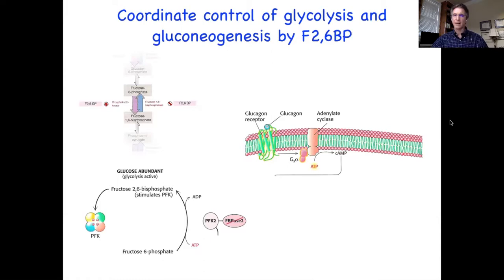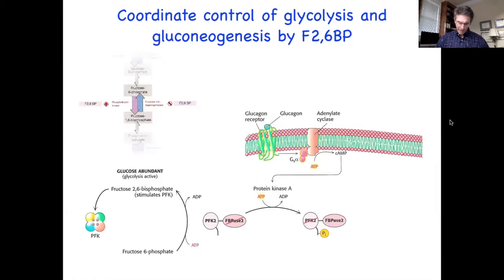That activates, like I said, a small G protein, which activates an adenylate cyclase. So the first stage of our cyclic cascade is a membrane-embedded enzyme that takes ATP and makes cyclic AMP.